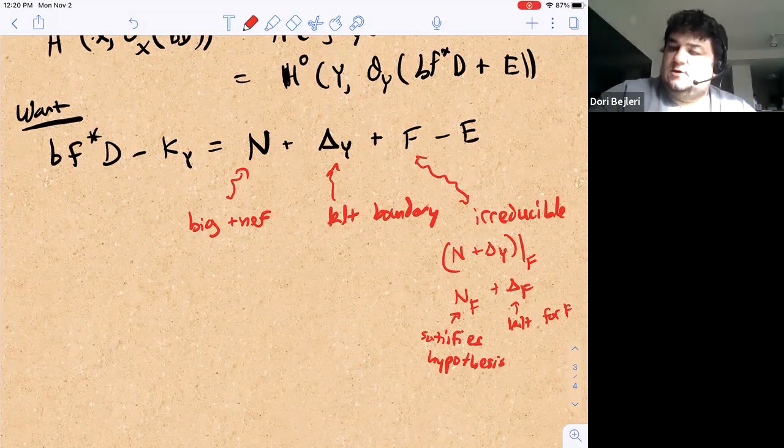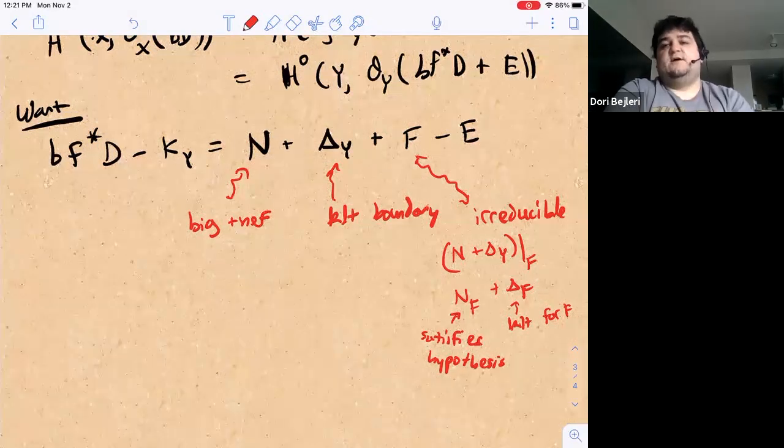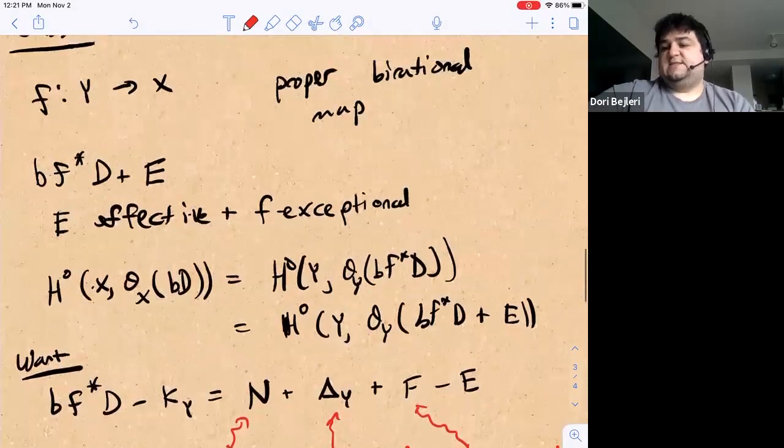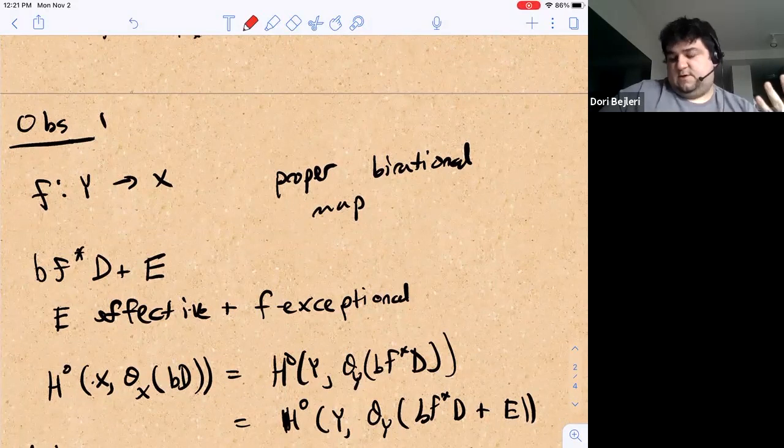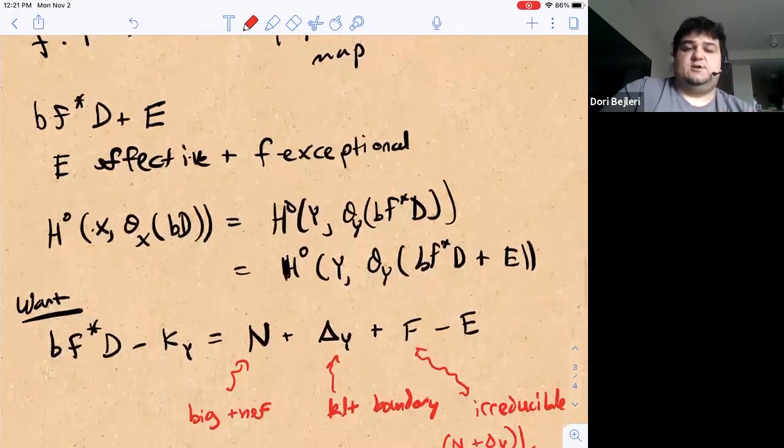The important point is this condition that we want the restriction of Delta_Y to F to be a KLT boundary for F. So we need that F doesn't share any components with Delta_Y, because we can't really control the self-intersection of F. But this map, we said it's anything proper birational, but we can choose it, like we can keep resolving until all of these divisors are SNC.